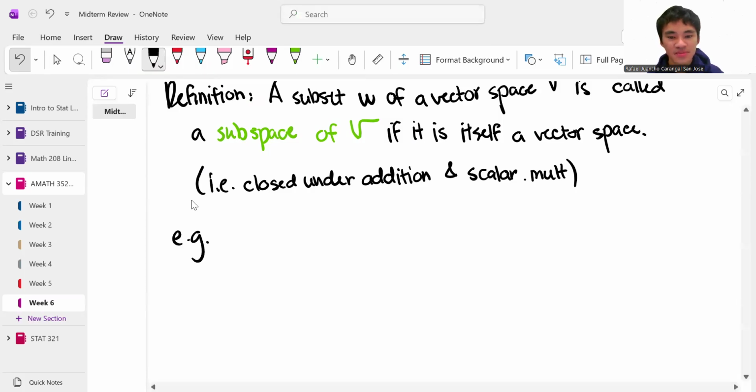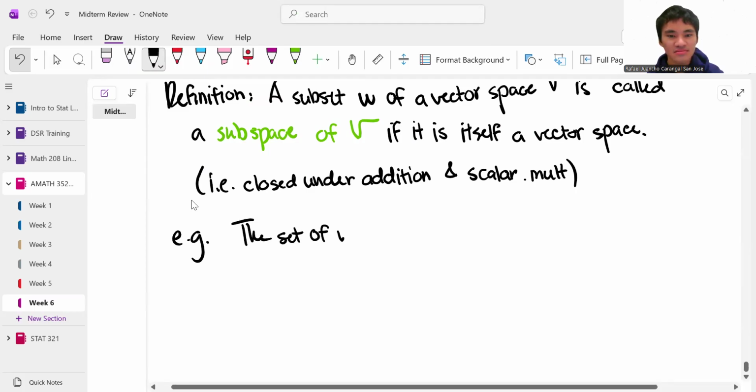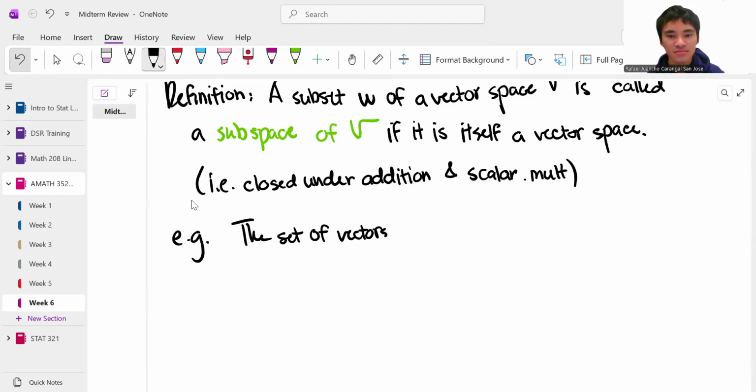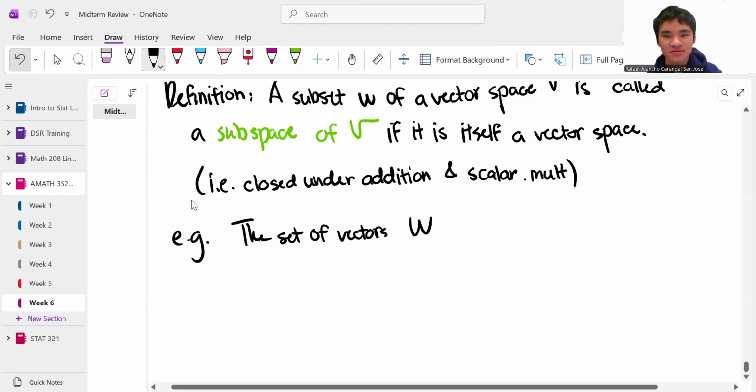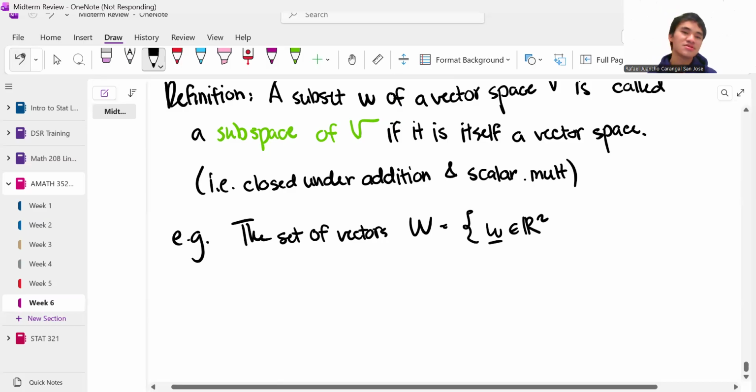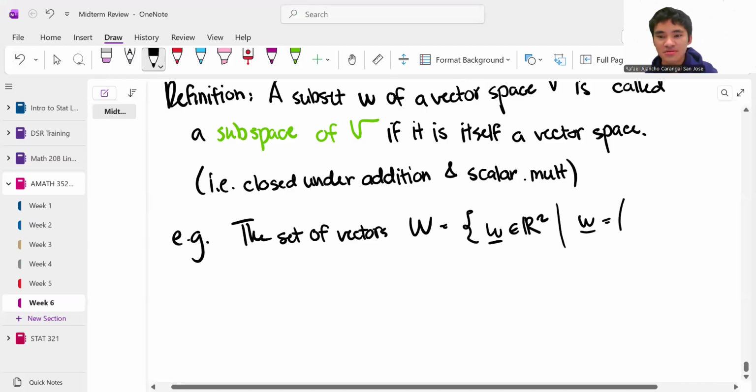So, okay, let's do an example real quick. So say we have the set of vectors. So let's do W. So W is in R2, so it's actually a vector, such that W is equal to (W sub 1, 0).